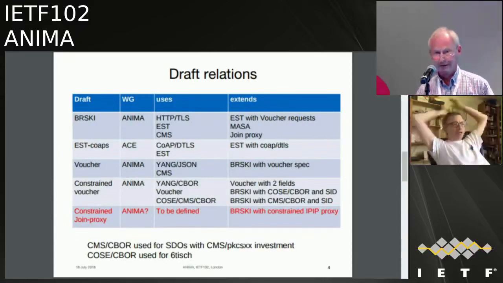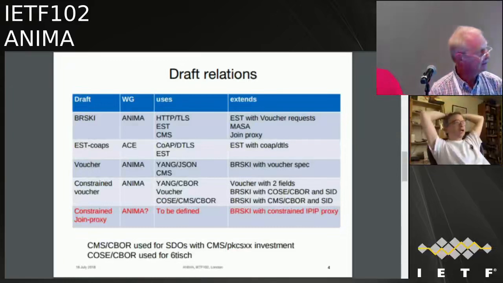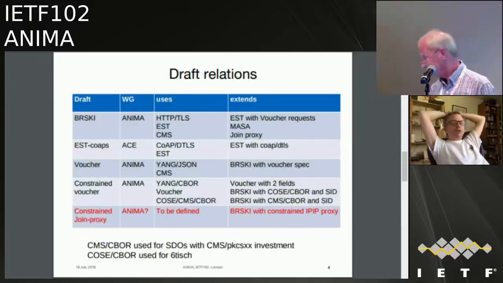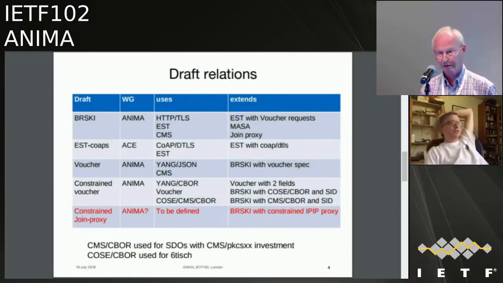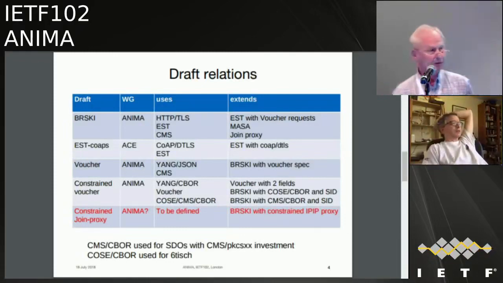Peter, hi, and greetings from back in Switzerland. The only thing last week you mentioned was that there's a public key that's also transmitted as part of the voucher. Can you just comment about that? Because that's what I was trying to follow, and that might be a difference between the base BRSKI and this. You wanted me to comment on that? Yes, please.